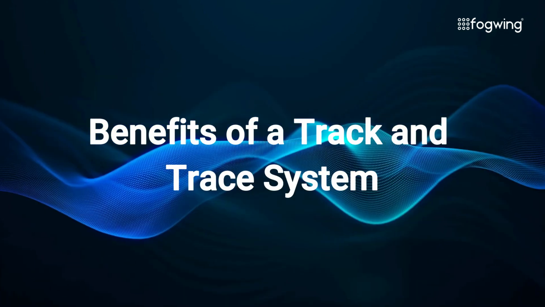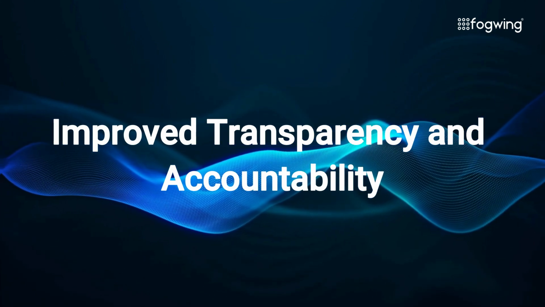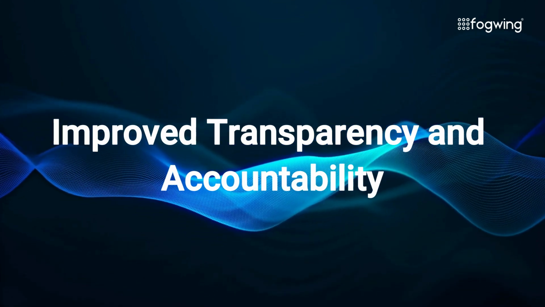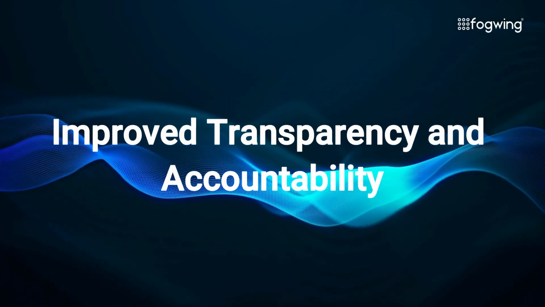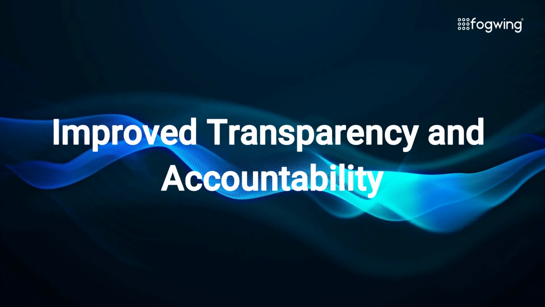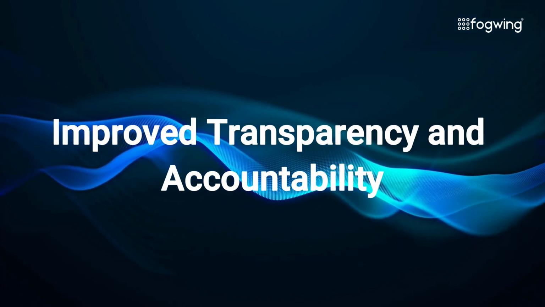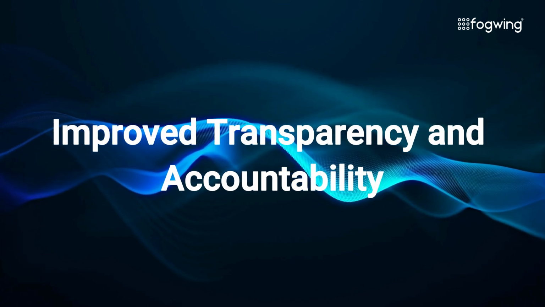Benefits of a track and trace system. Improved transparency and accountability. Track and trace systems ensure that every movement of a product is recorded, making it easier to pinpoint where errors occur. This transparency builds trust between manufacturers, distributors, and customers, as everyone can access reliable data on product location and condition.